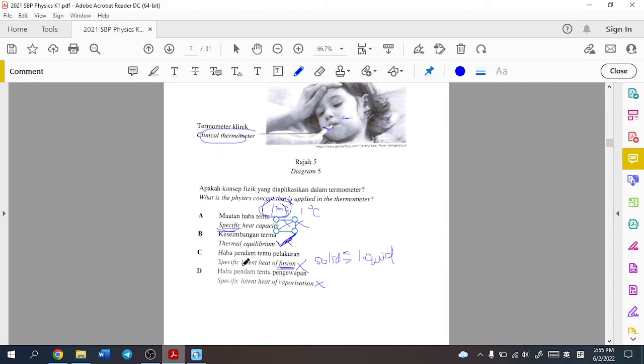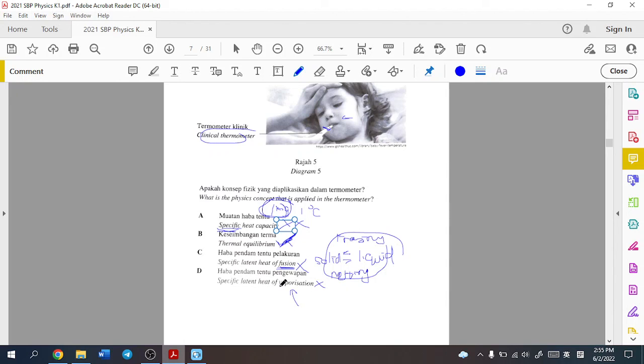So specific latent heat of fusion is the amount of energy you need to change solid to liquid or liquid to solid. So fusion involves these two states. Liquid to solid is freezing, and solid to liquid is melting. Okay, so specific latent heat of vaporization.